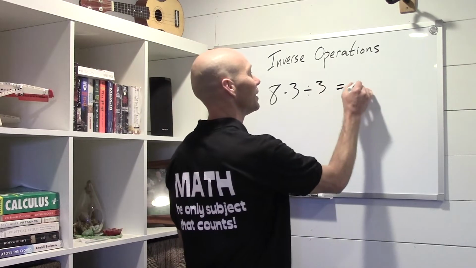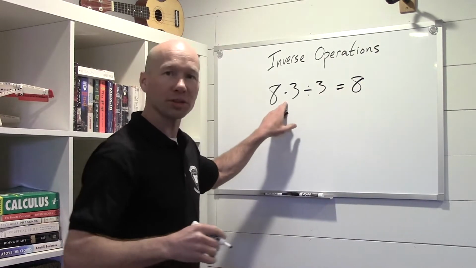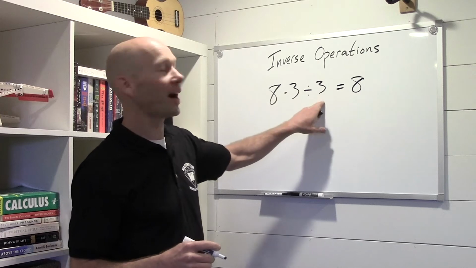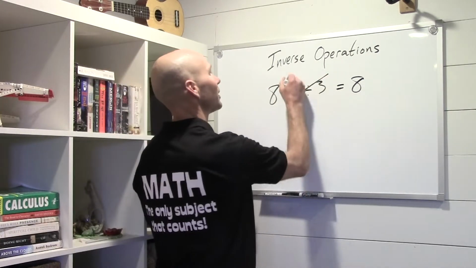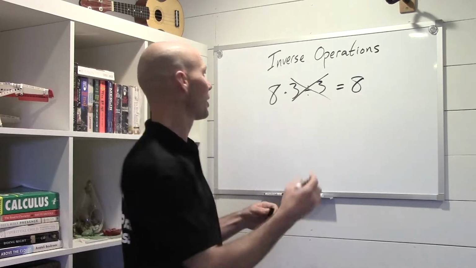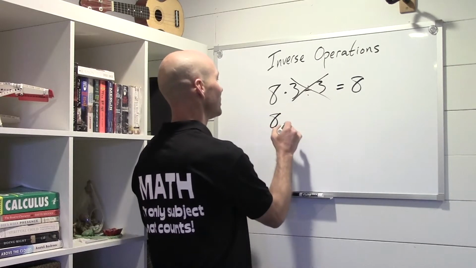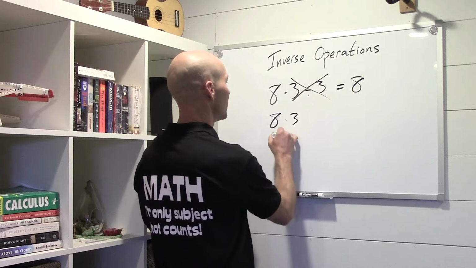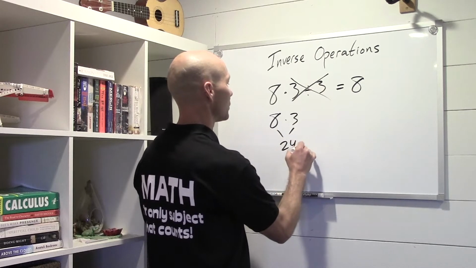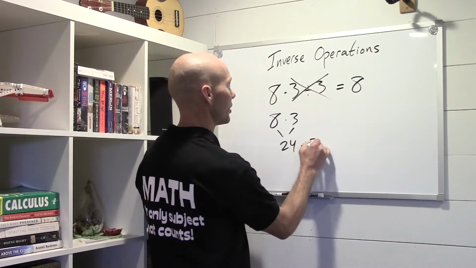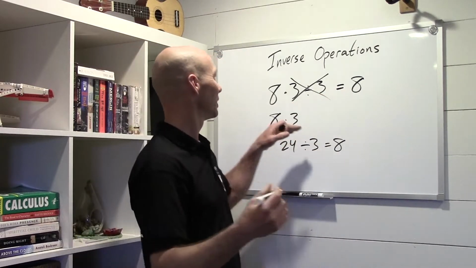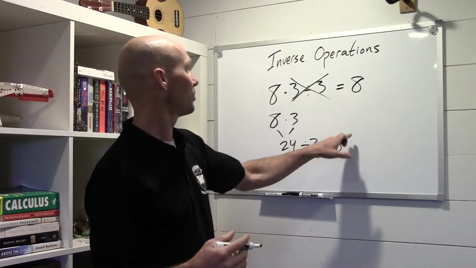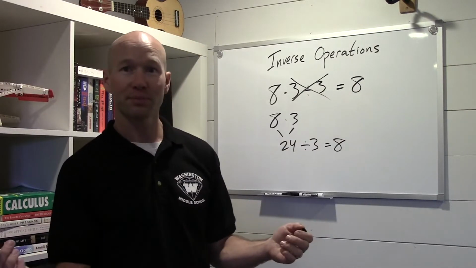I get 8, because multiplying by 3 and dividing by 3 cancel each other out. Let's just prove that really quick. 8 times 3 is 24. 24 divided by 3 equals 8. So we can see that 8 times 3 divided by 3 equals 8.